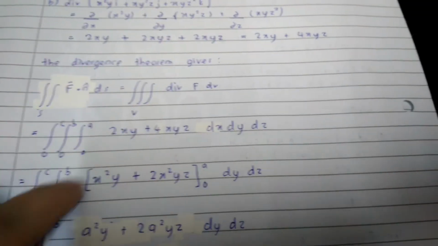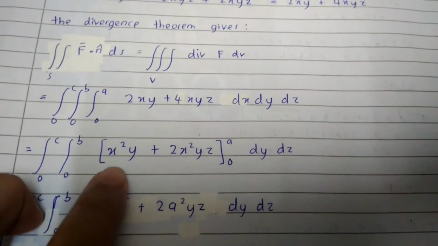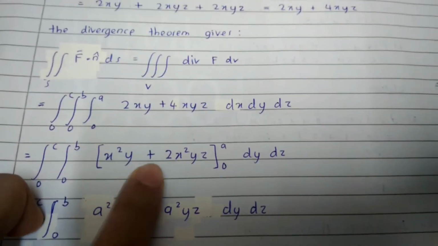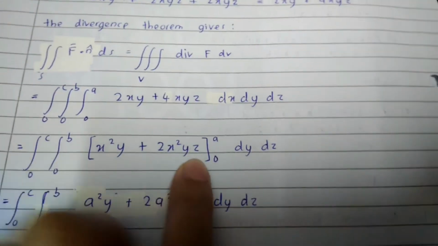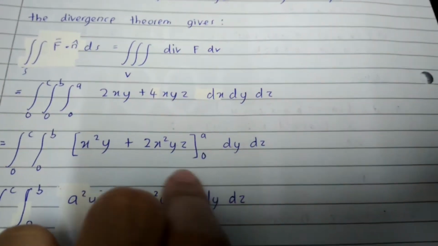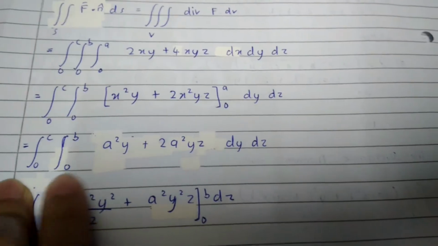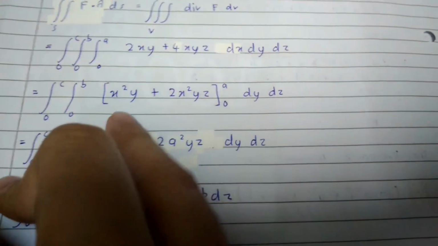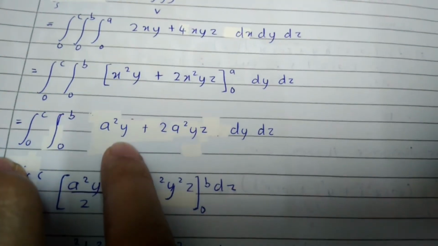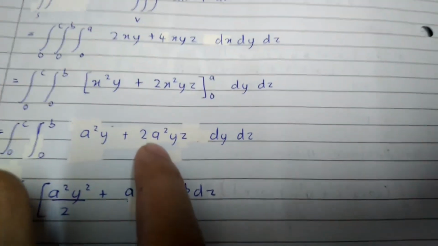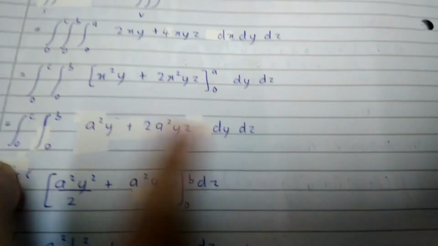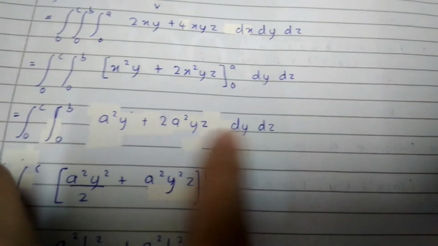So we integrate with respect to x first, and we get x^2 y plus 2x^2 yz, and then we substitute a and 0 into this equation. After we substitute, we get a^2 y plus 2a^2 yz dy dz, and then we integrate with respect to y.